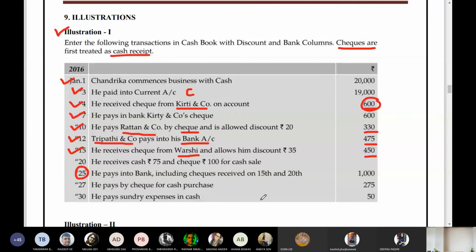They said that the checks of 15th and 20th were both deposited together in the bank account. He paid altogether 1,000 including the checks of those days. So we have to treat these checks as cash on the date of receipts.